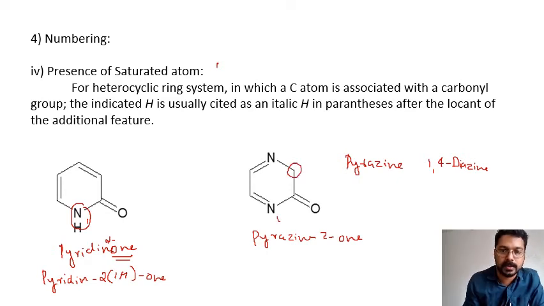You can go 1, 2, 3, 4 in this way also, but if you go that way, we will be missing the additional feature, the carbonyl, as well as the indicator hydrogen.